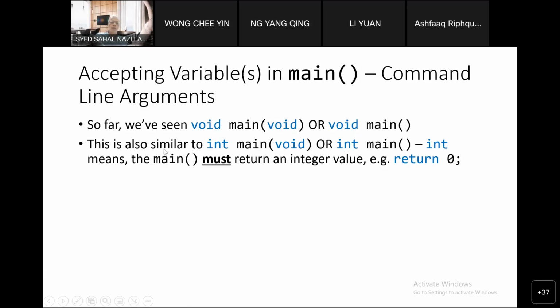This is also similar to integer main. You don't put anything in the argument, but it must return an integer value. So at the end of it, you put return 0. The effect is the same.